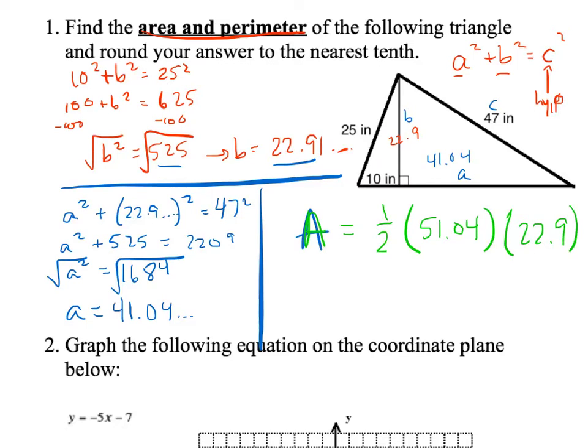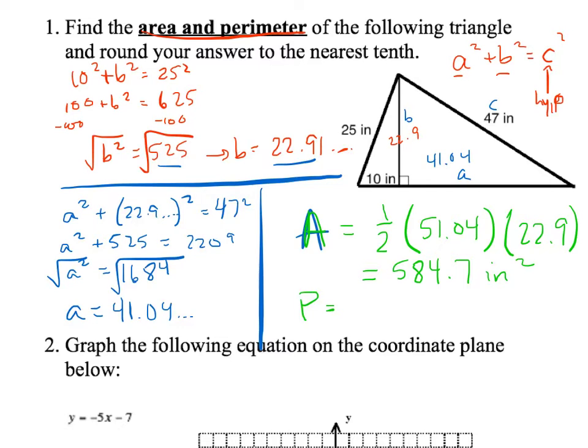Okay, so tell me what that equals. If you use the exact numbers, you'll get 584.7 inches squared. That's using the exact numbers.